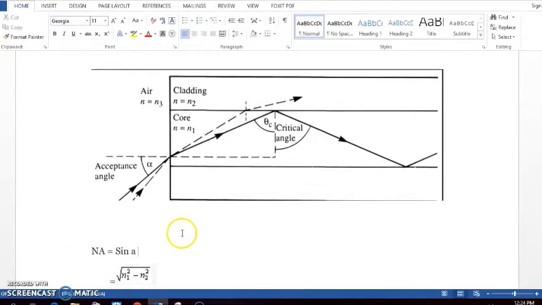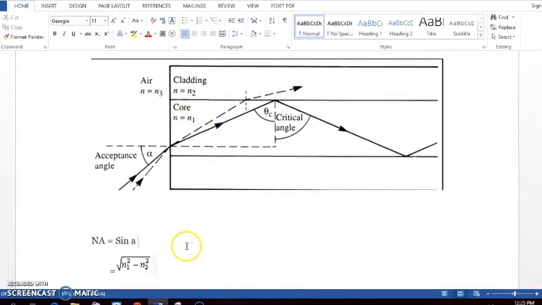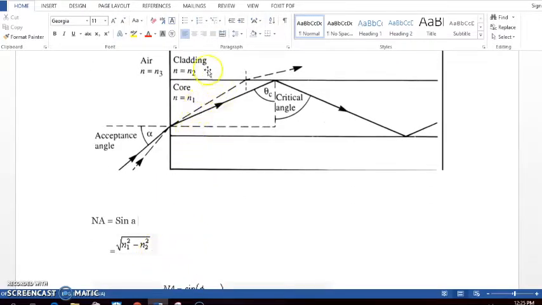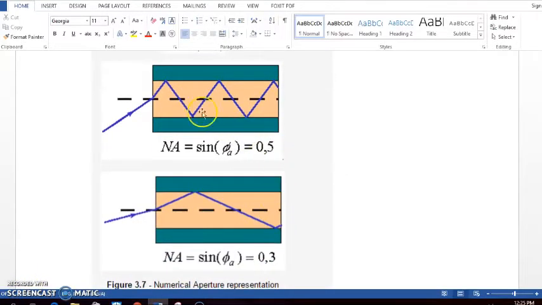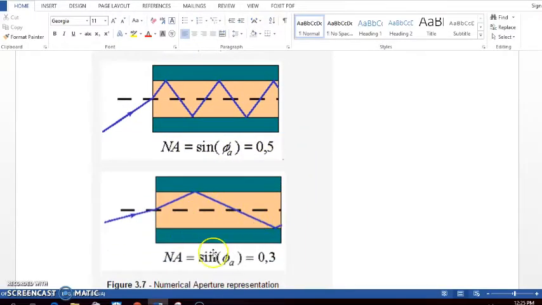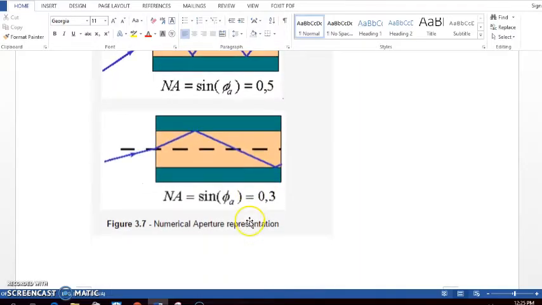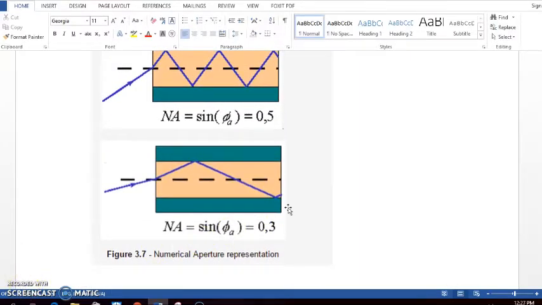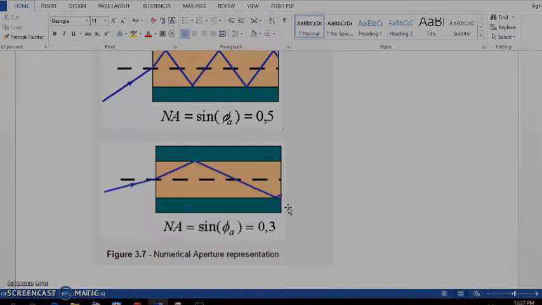The n1 is the refractive index of the core, whereas n2 is the refractive index of the cladding. Shown here, this optical fiber has a bigger numerical aperture than the one below. The numerical aperture is used to measure the light gathering ability of a fiber.